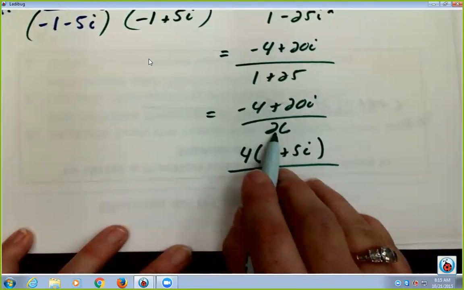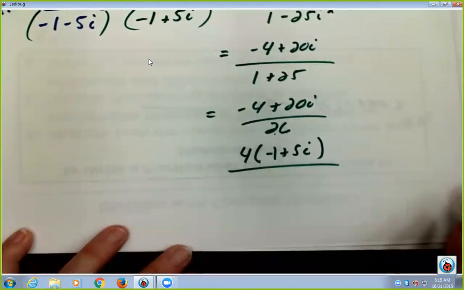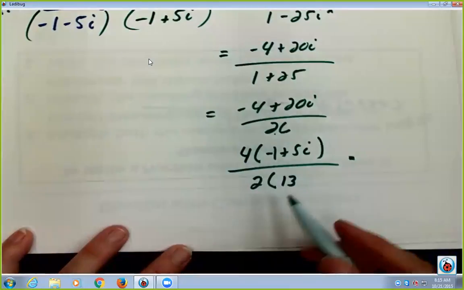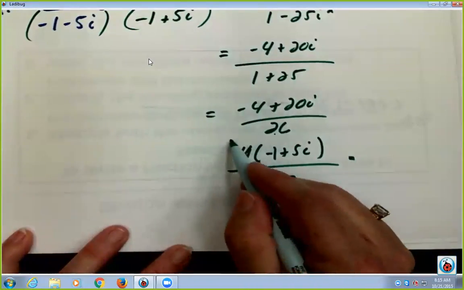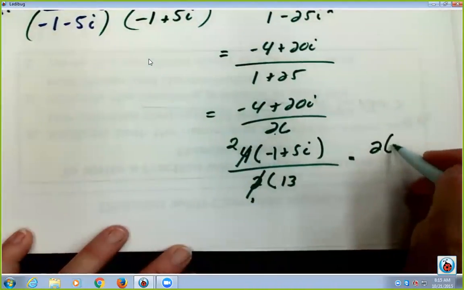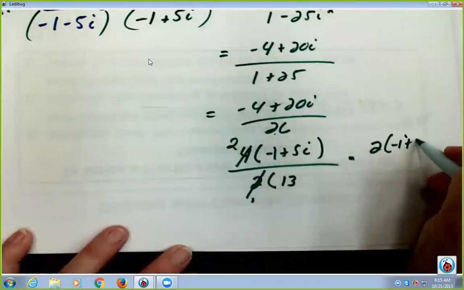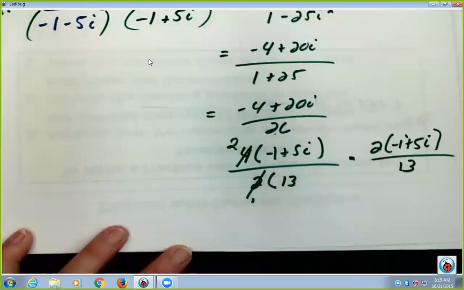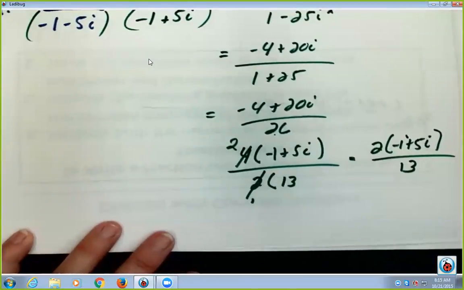And in the bottom, what can I pull? I can't pull a 4 out of 26, but I can pull a 2 out of 26, because then the 2 and the 4 will cancel, and I'm left with 2 times a negative 1 plus 5i all over 13. And then that is considered simplified.